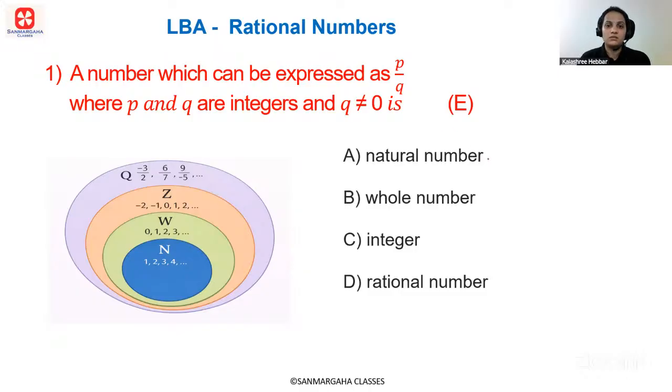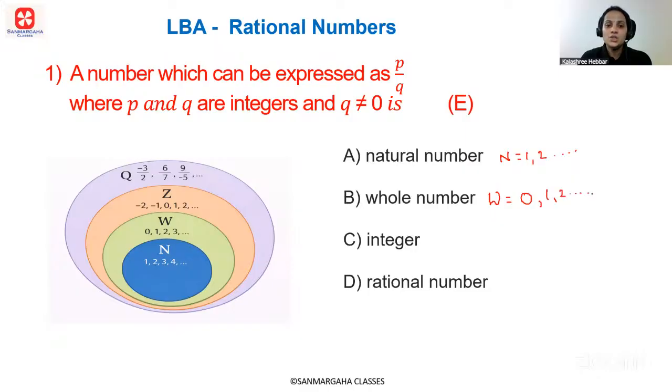Natural number is represented as N and starts from 1, 2 to infinity. Whole number is represented as W and starts from 0, 1, 2 to infinity.